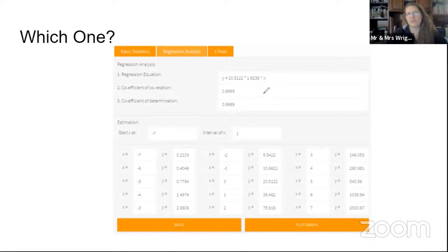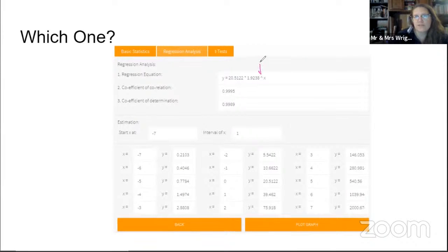This one is actually in the proper format, but it's using this caret, so we're going to rewrite it without the caret and round to the nearest tenth. We're going to have y equals 20.5 times, and that star on the computer means times, so I'm just going to put a dot there, 1.92 becomes 1.9.